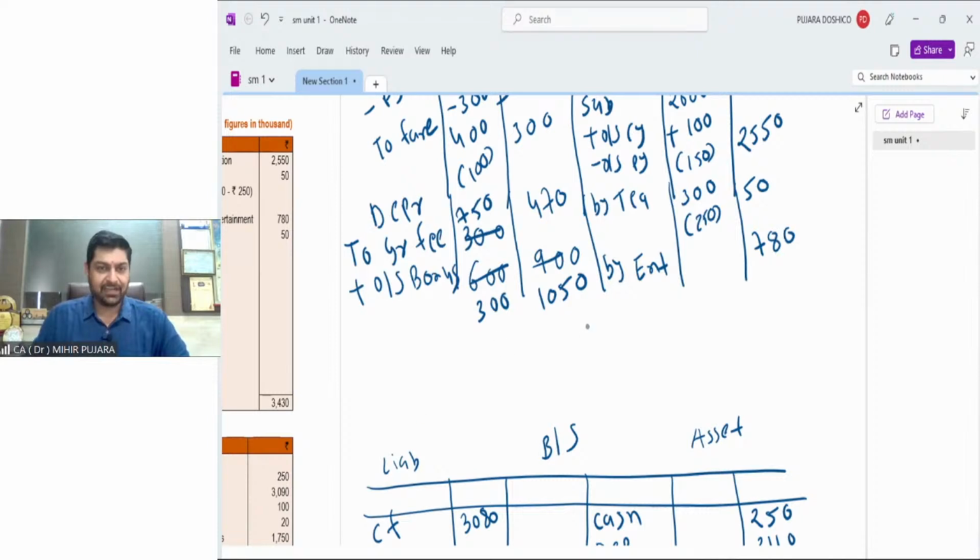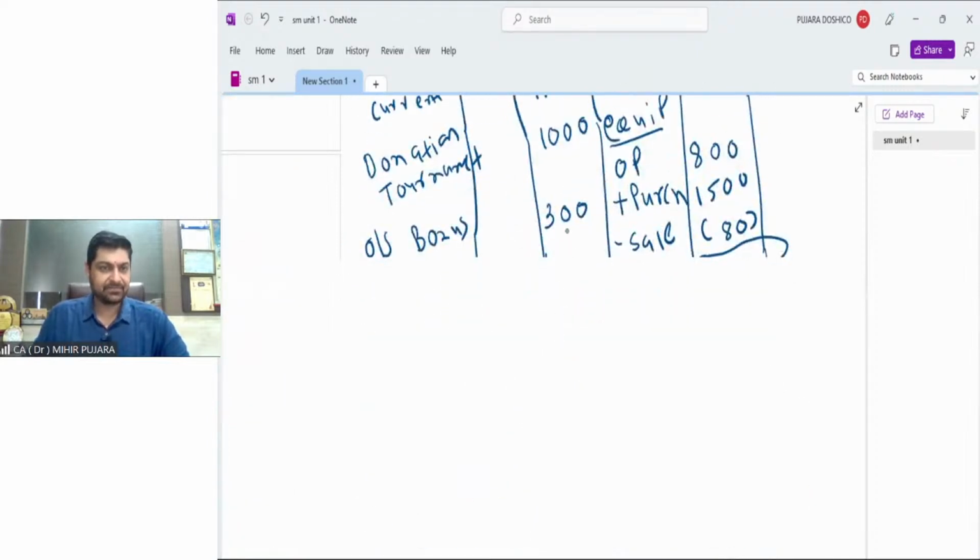And don't forget, here it is liability. 1050 and it is liability. Both are same. Bonus and ground fee you can combine. It's simple.